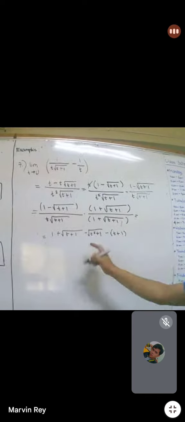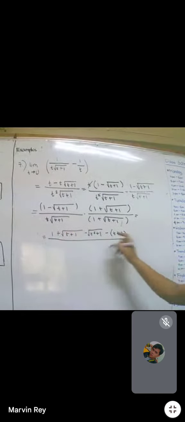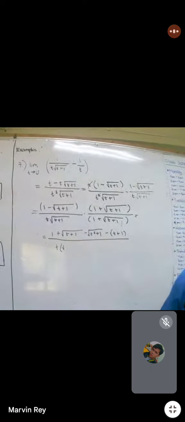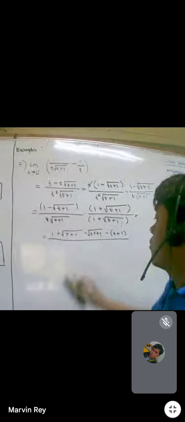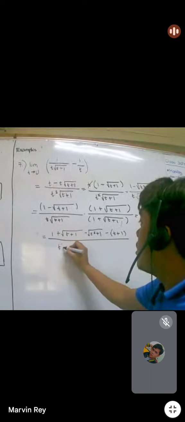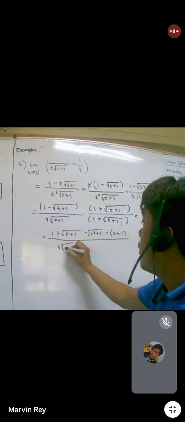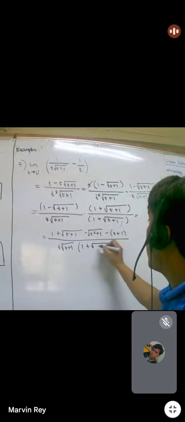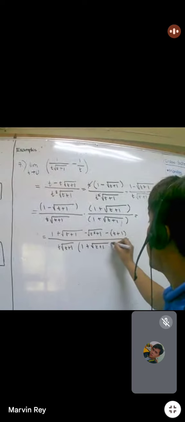The radical sign is eliminated. Then the denominator: t square root of t plus 1 times 1 plus square root of t plus 1.